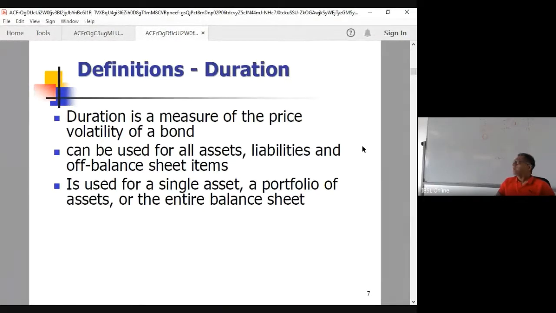Okay. Now, why do we need to know duration? Again, it comes down to one simple thing. By knowing the duration of what you own, you can measure your actual risk with movements in interest rates.